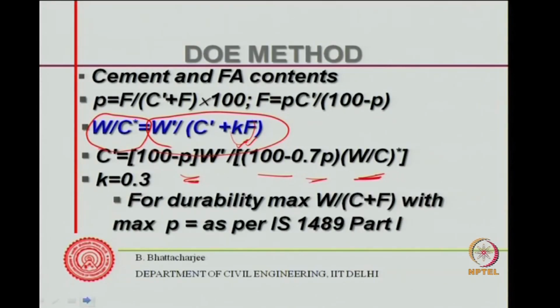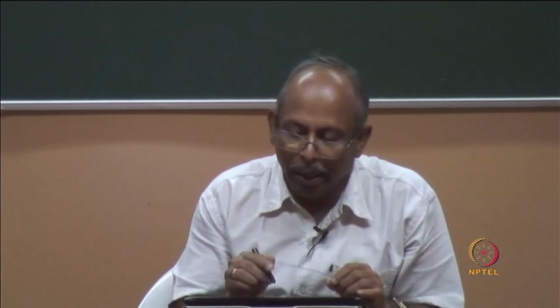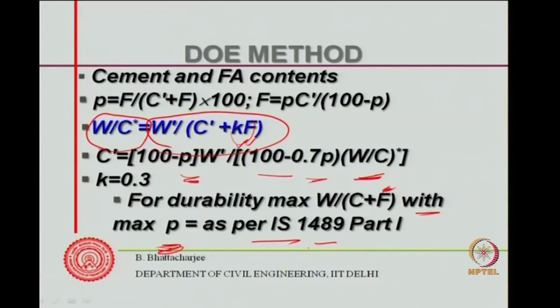For durability, find out the water to cement ratio that is allowed, and in that case no K is used, right. The only thing is it says that the maximum P that you can use would be as per the criteria of IS 1489 part 1, which limits the maximum fly ash that can be used in Portland pozzolana cement.